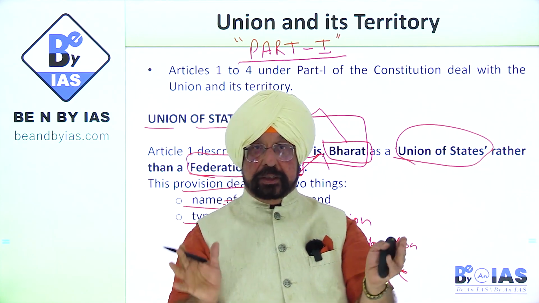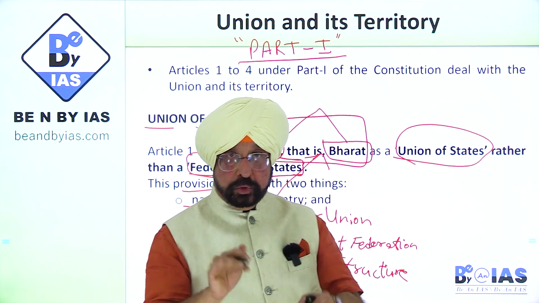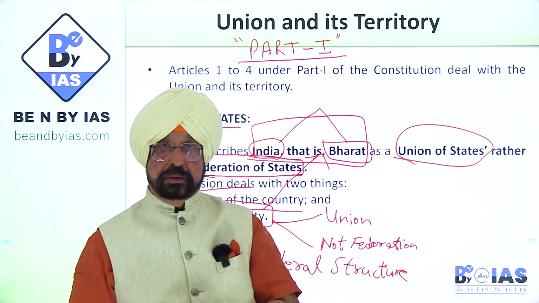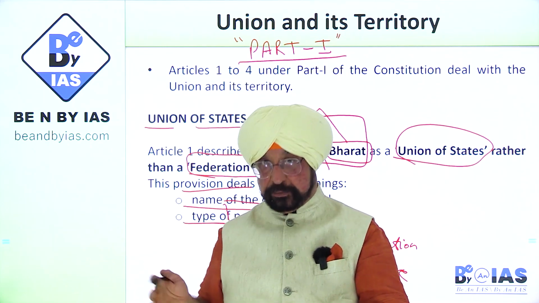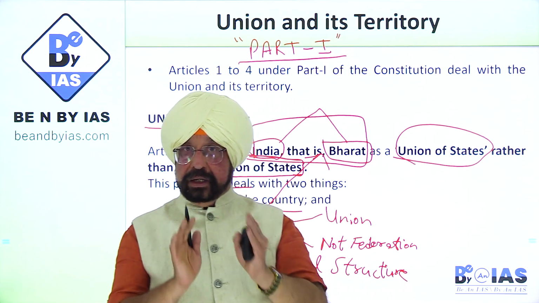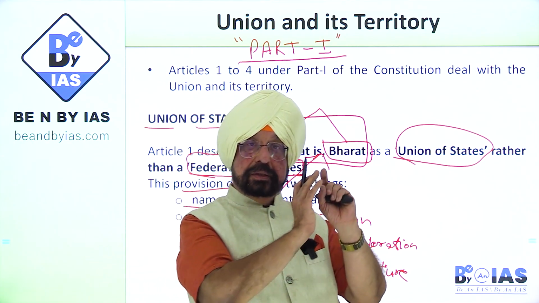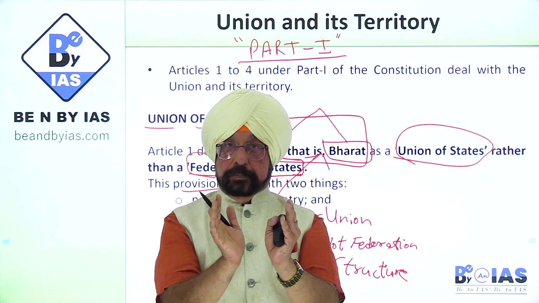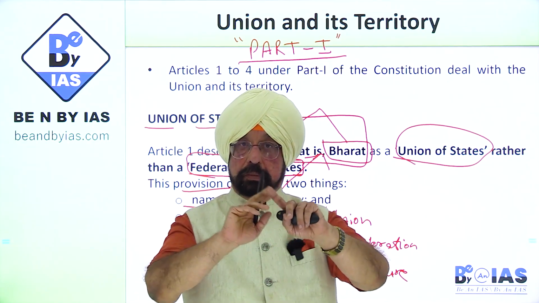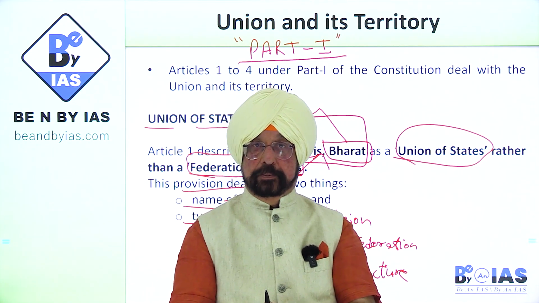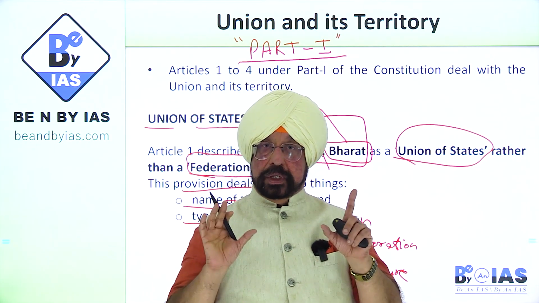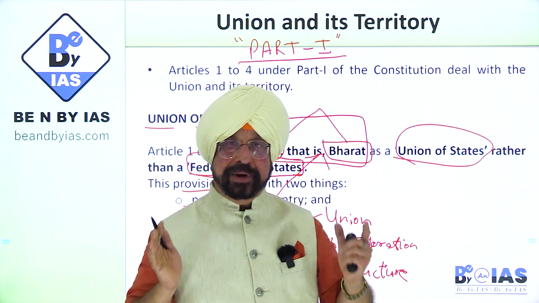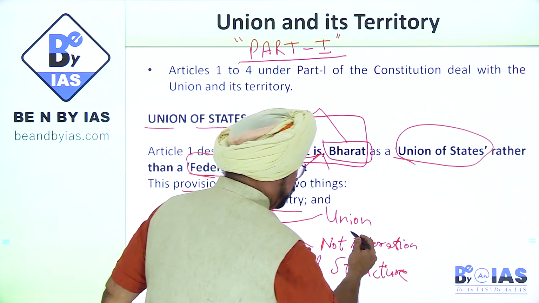I am not telling you right now what will be the system or process of their joining. It will come. But for the time being, try to understand that there are different territorial units which come together and form a nation, a country. And that country, after their joining, becomes what? A federation. Okay?